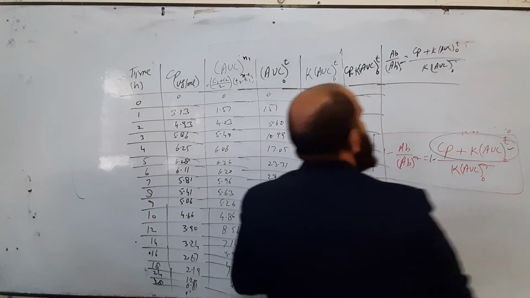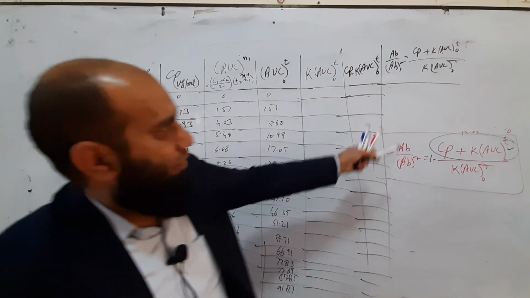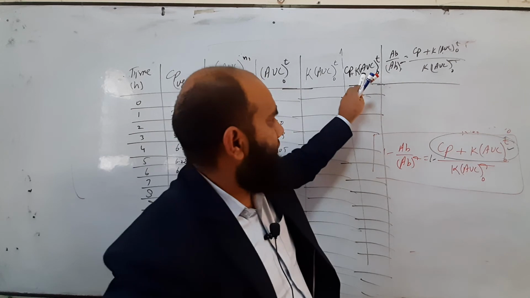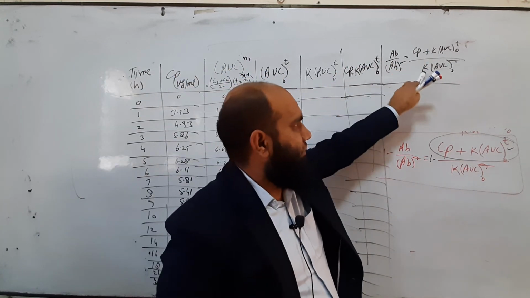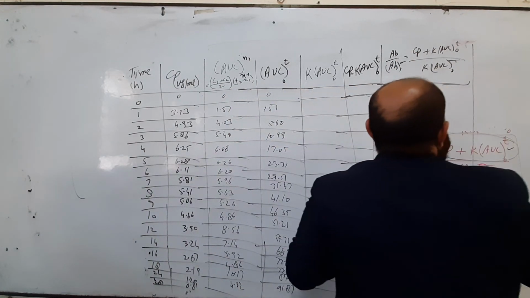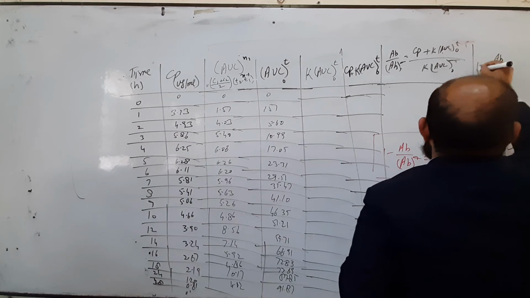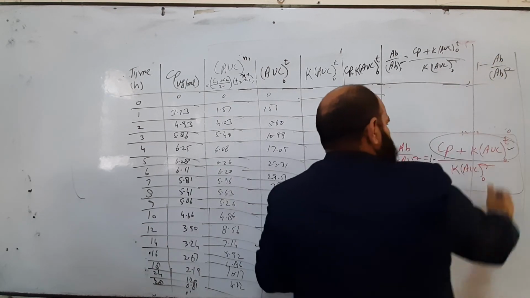That is 1 minus. So we have this value, and we can calculate it. When we divide this, we will get the AB over AB infinity, and the last column, 1 minus AB over AB infinity, will give us the value.